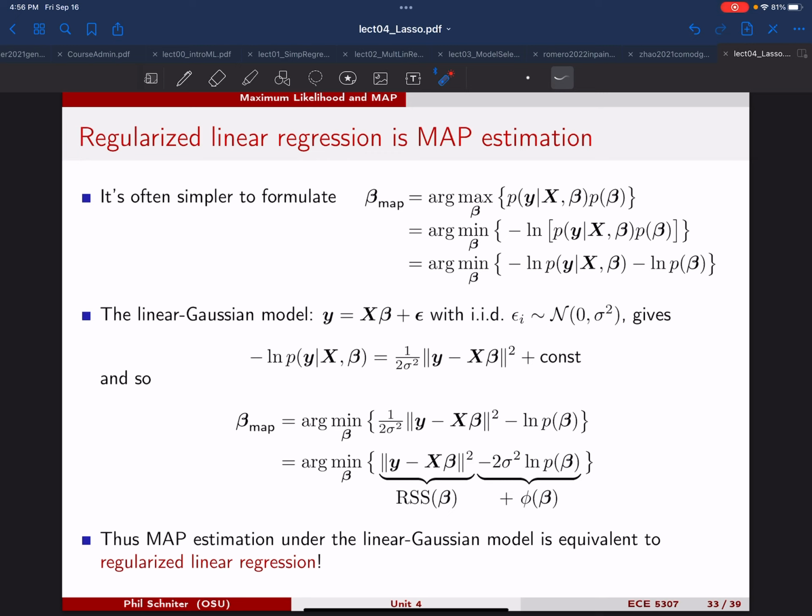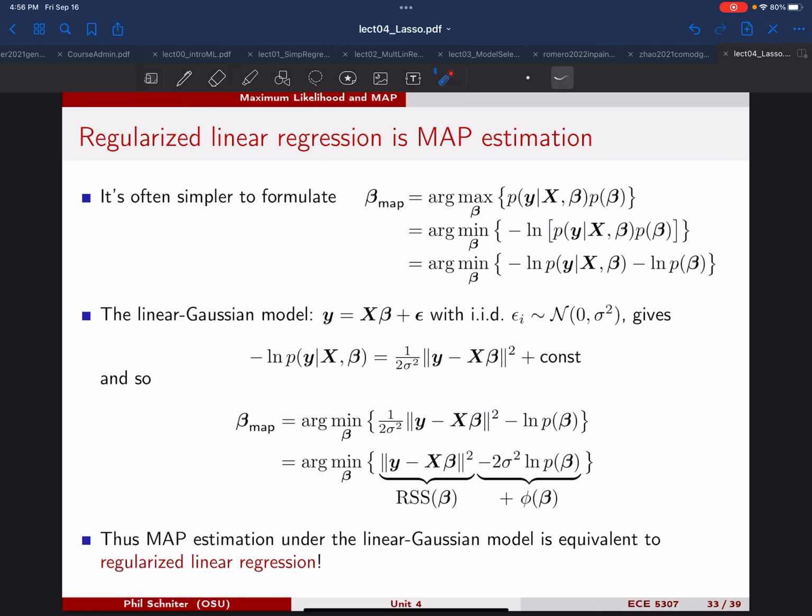So now, the reason I'm doing this is now we see RSS exactly, and we see one other term. I'm just going to call this plus phi of beta. That is exactly what we said regularized least squares is, regularized RSS. And that was the framework that we used that eventually led to ridge and lasso. So we're seeing this once again.